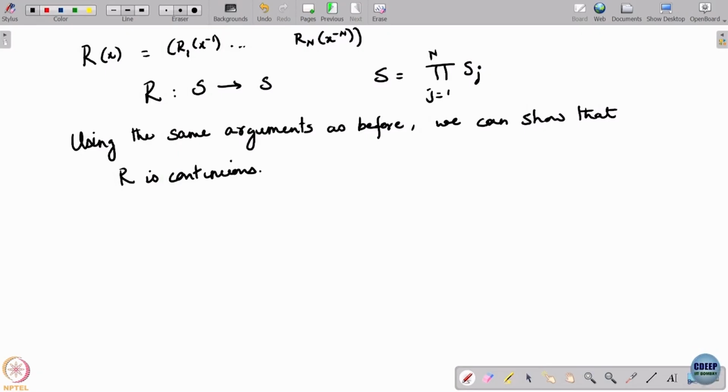So, it shows that R is continuous, and R is a function from S to S, and S, remember we assumed, is convex, closed and bounded.